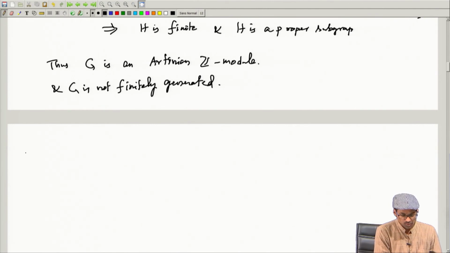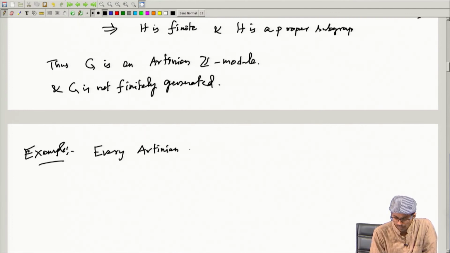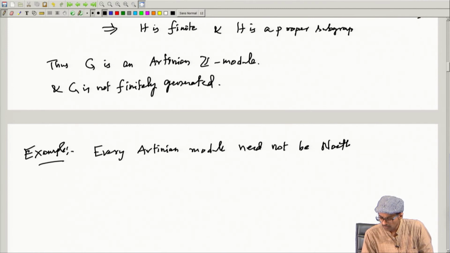So, now let us come to one example. Every Artinian module need not be Noetherian.